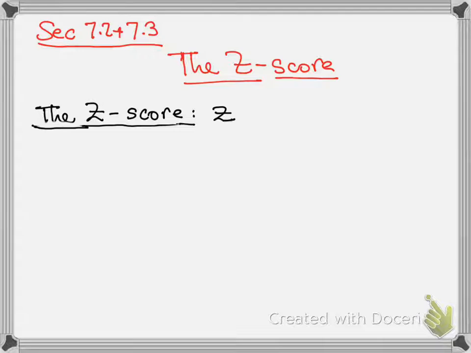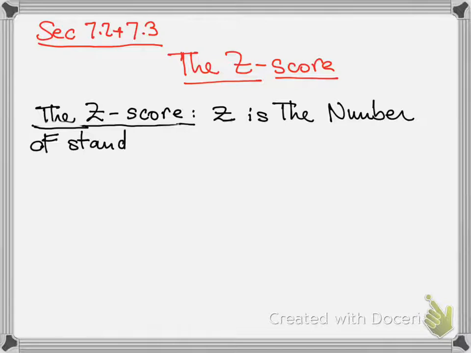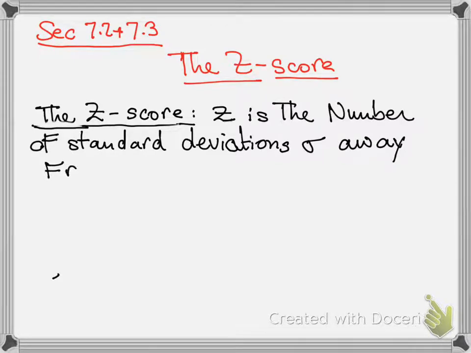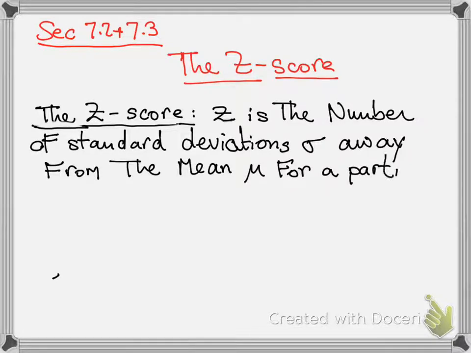Z, the z-score, is the number of standard deviations, sigma, away from the mean, mu, for a particular data value x.